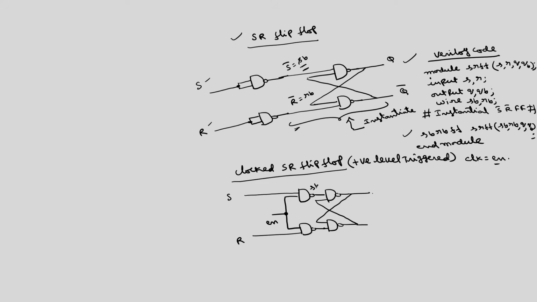This you call as SB wire, this you call as RB wire, this is Q bar. Now, this part is again common, so I can instantiate this. Now, what will be the Verilog code corresponding to SR flip flop with enable signal?